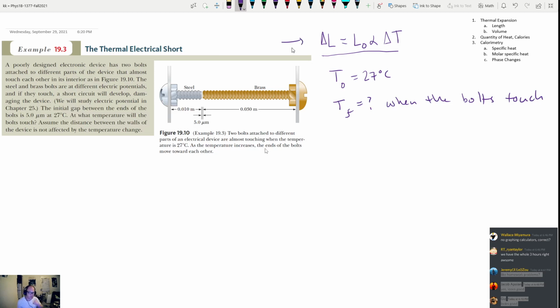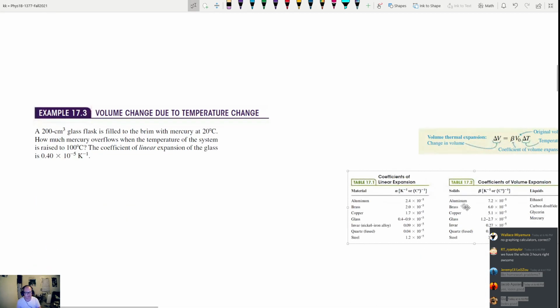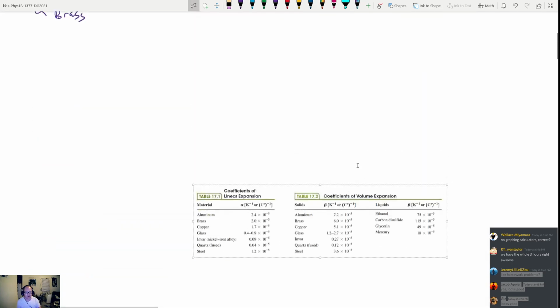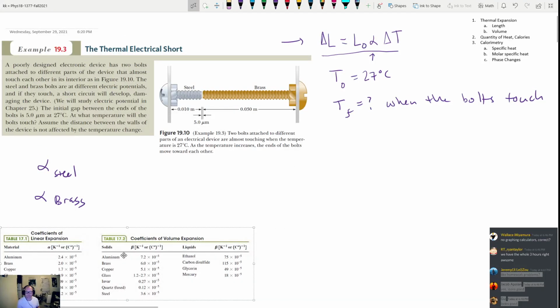We know we need to use this equation, which means that we need to go and look up the quantity alpha for steel and for brass. And I think those are down here somewhere probably, right? Yeah. So here's our table.